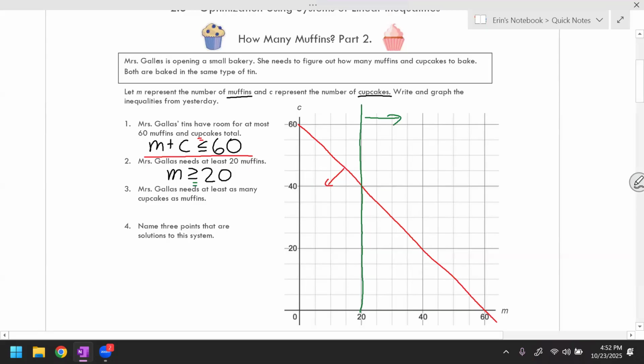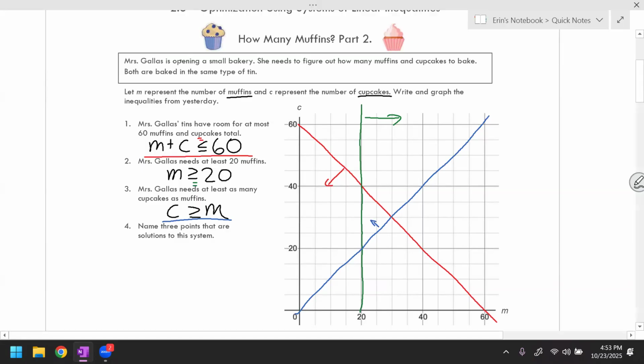And I need at least as many cupcakes as I need muffins. So that means my number of cupcakes has to be at least bigger than my number of muffins. How does that graph? We'll graph that in blue. And what we'll see is that this is simply this line here, up on this side.